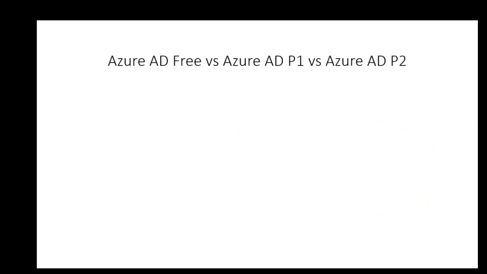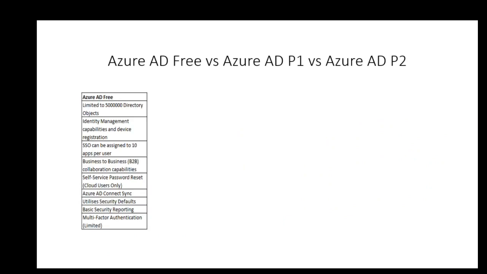So let's start off with Azure AD, the free version. In this table, you can see that you're limited to 500,000 directory objects. You can get identity management capabilities and device registration. Single sign-on can be assigned to 10 apps per user. You have some business-to-business collaboration capabilities.